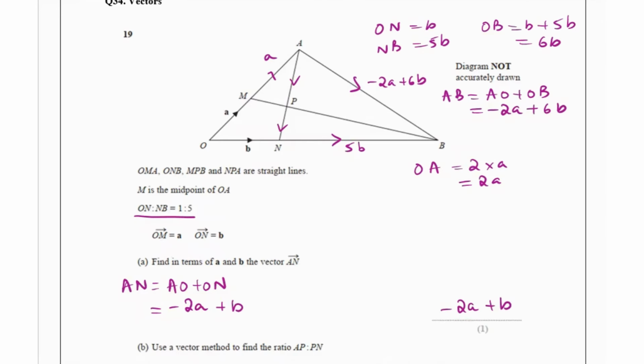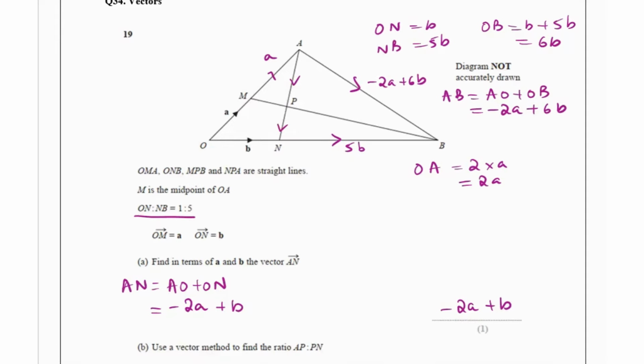So what I'm going to do is create two equations for AP, and then use that to figure out the ratio. So we know that AP is AO plus ON plus NP. That is one thing. Or AO plus OP. We don't have OP, we don't have PN.